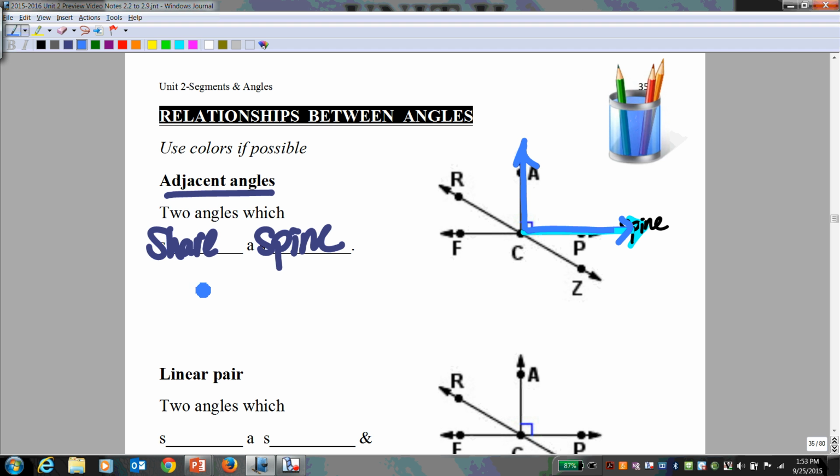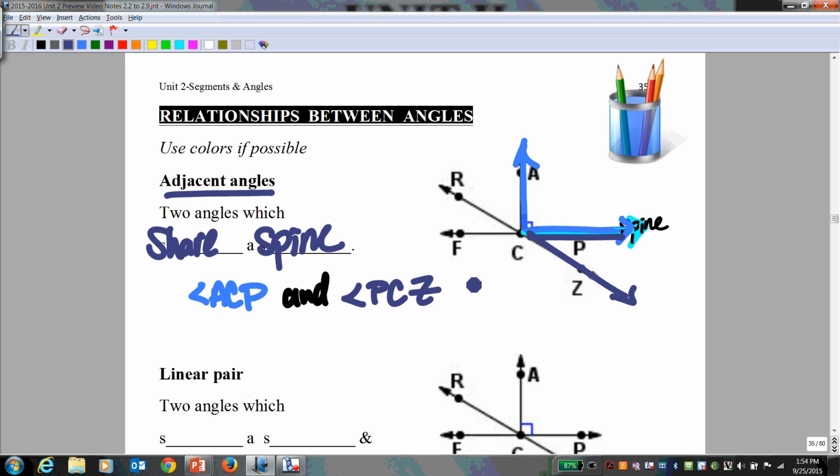So we have here angle ACP and angle PCZ. It's adjacent at CP. If you look very closely, you can tell things are adjacent because they'll always have two letters in common. Adjacent means to share a spine.